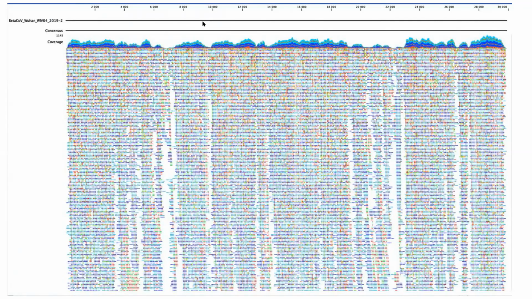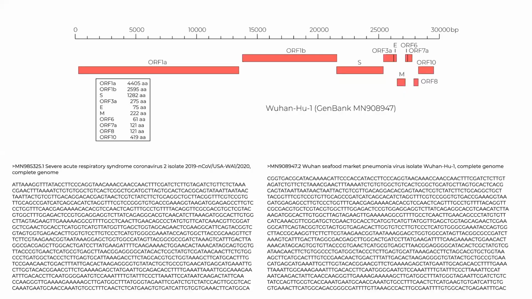So here you can see the result of that analysis after those reads are aligned to the reference genome. And you can see here one of the FASTA files that contains the full sequence of this genome. So what does it contain? It's an accession number, and then there will be a description of what exactly is in the FASTA file.